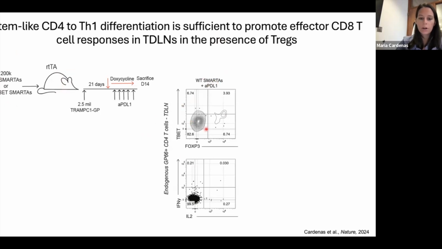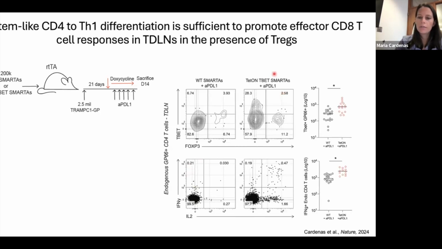And so in wild-type SMARTAs, or after transfer of wild-type SMARTAs, our endogenous CD4 T cells did not change, right? We have a big presence of TCF1, we have some differentiation of Tregs within the draining lymph node. Very few cells are producing interferon gamma, as you would expect in a non-Th1 differentiation response.